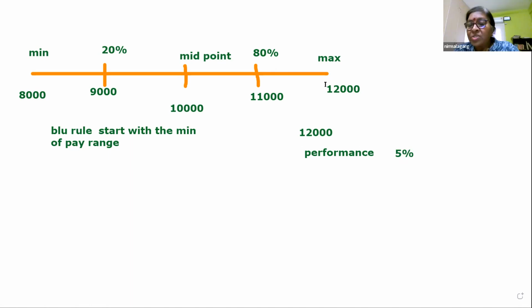But the red rule says, if he has come to the end of the grade, he only gets a performance bonus. If market corrections are due, the entire pay grade is going to change, so obviously the max will change, and he will again get an increment. Otherwise, he will only get a performance bonus.